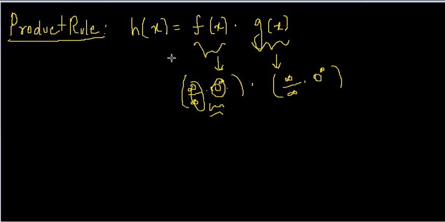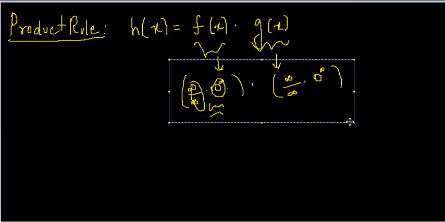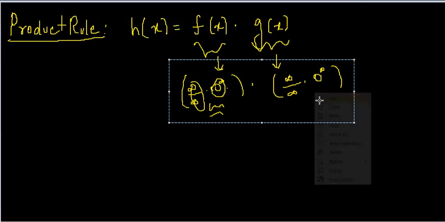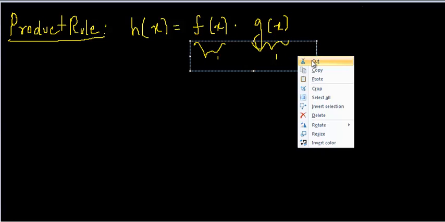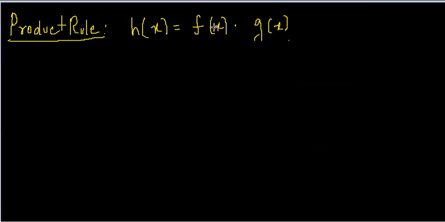Now that you get the concept, basically you just have to take these two functions and take the derivative of each of them, knowing that both of them are differentiable. Now, this is what the product rule says in an equation format.